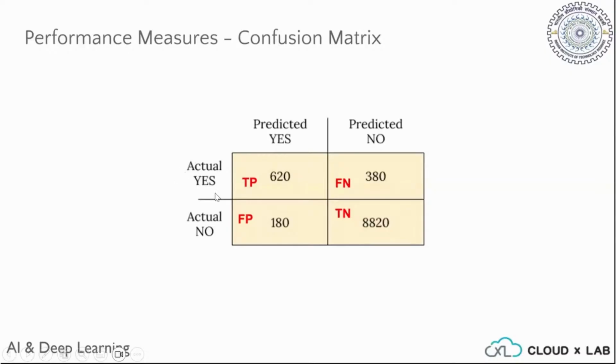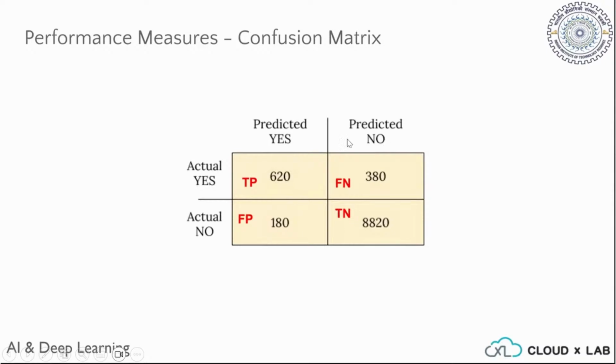Okay. So this is the case when the actual output is yes. This is the case where the actual output is no. Here, the model is telling us that for that input the output is yes. And in this case, the model is telling the output is no, right?